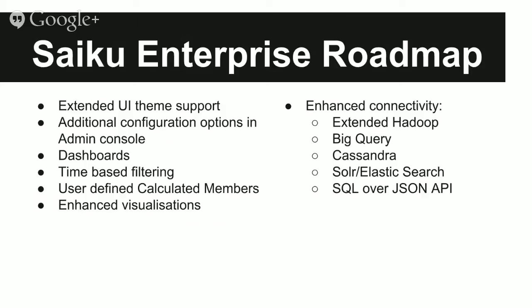This has always been something that we've wanted to do, because we appreciate that Saiku is often embedded within internet portals or wikis and similar stuff. So being able to blend it in with the existing system will allow people to make it look a bit more corporate, and it saves people having to change stuff on the back end. They'll be able to upload packages to the server and just get it to change that way.